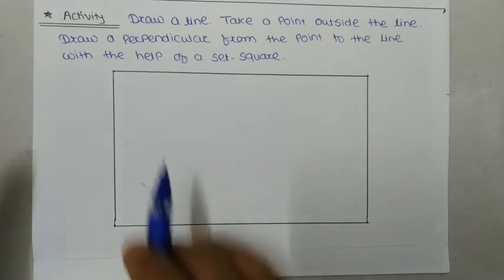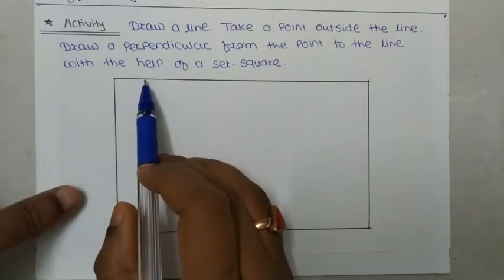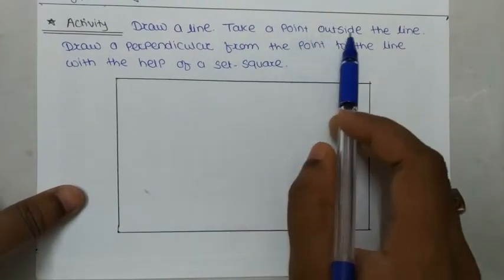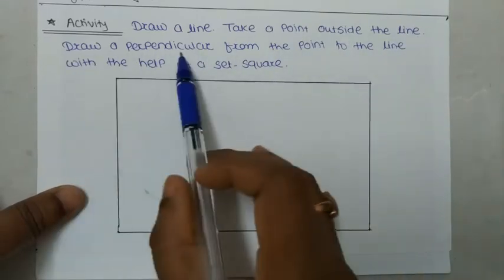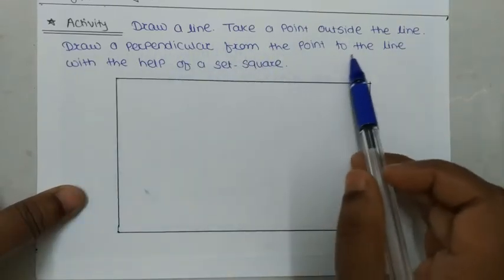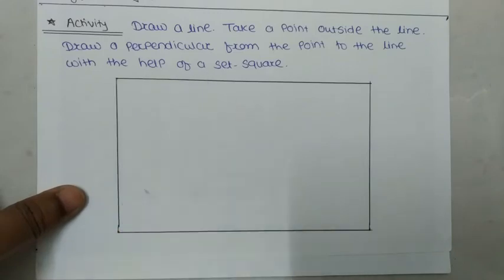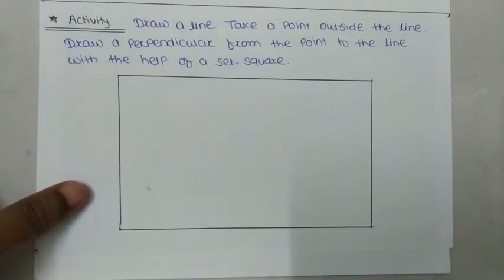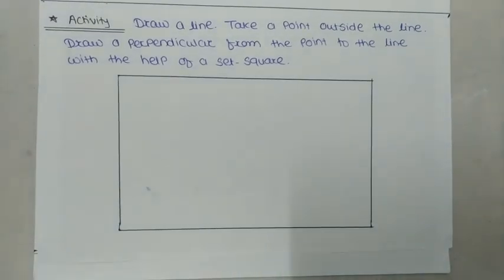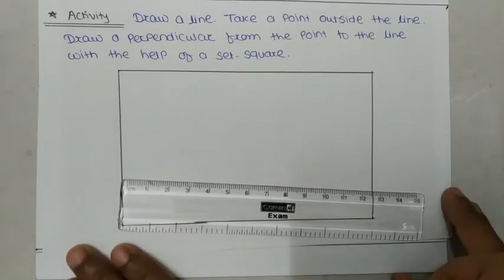So this is your activity. What is the activity? Draw a line, take a point outside the line, and draw a perpendicular from the point to the line with the help of a set square. How to solve this activity? First of all, we have to draw one line.